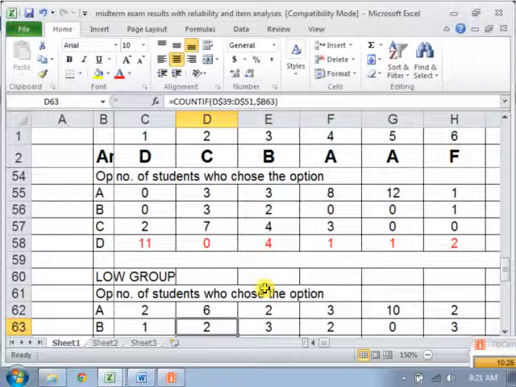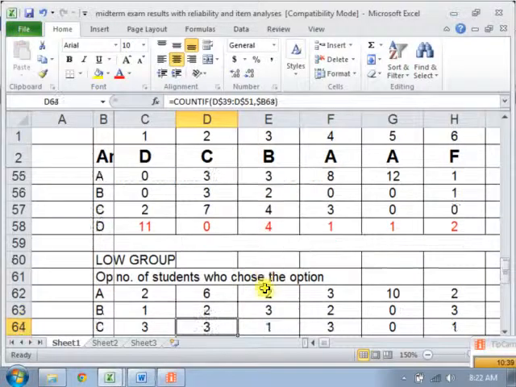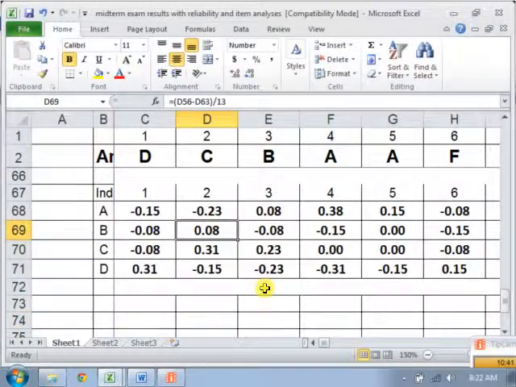Meaning more of the upper group chose that wrong answer. So the low group noticed more that it's a wrong answer than those in the upper group. Something is wrong, correct?